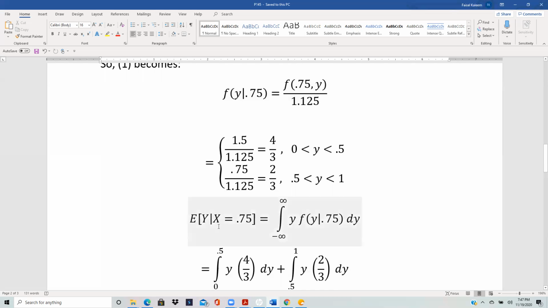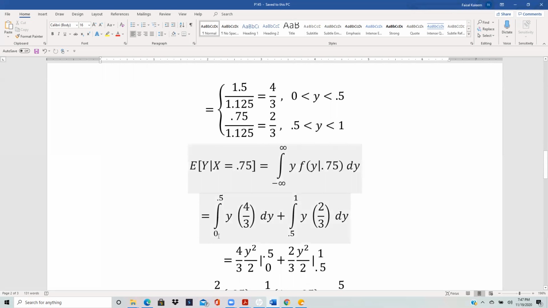So expected y given x equals 0.75 would be the integral from negative infinity to infinity of y times the density function, f of y given 0.75. And we have seen that it breaks up like this.